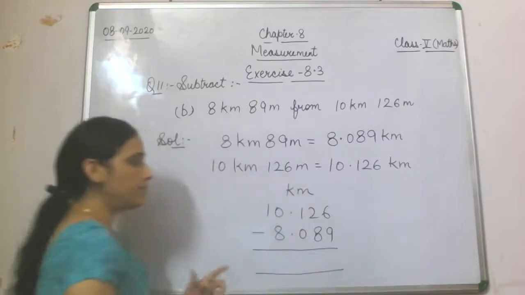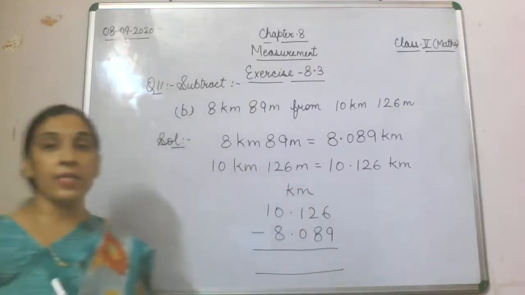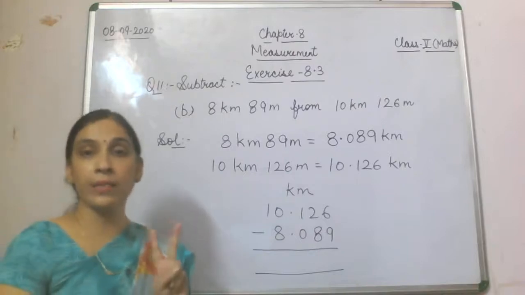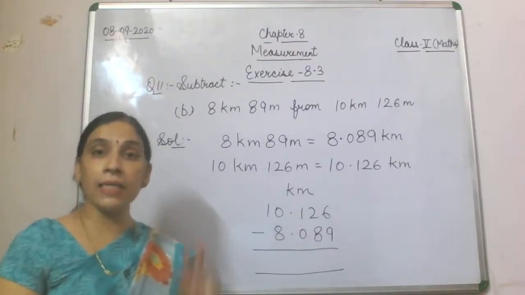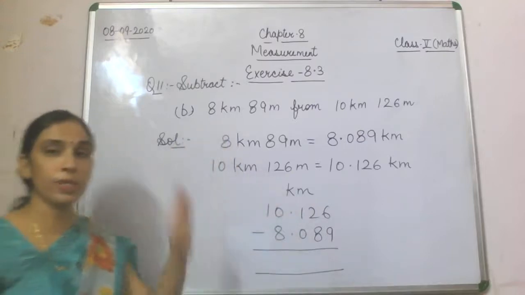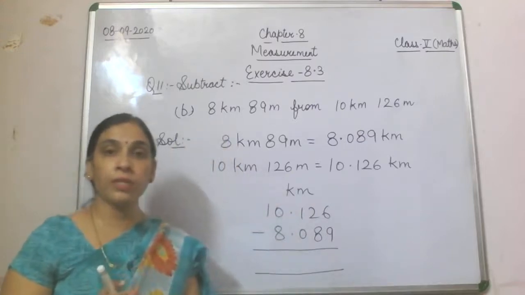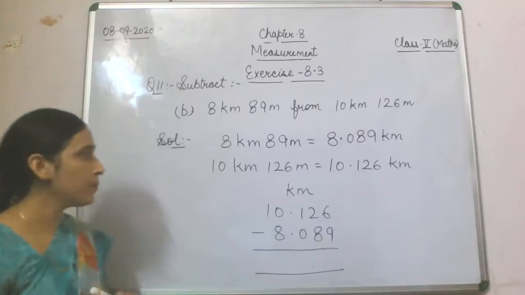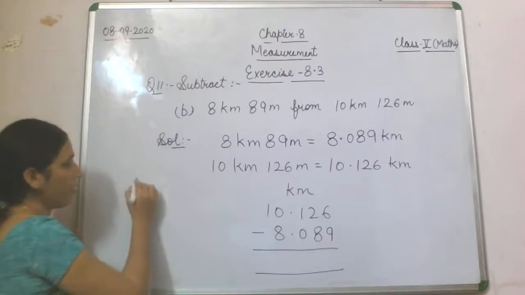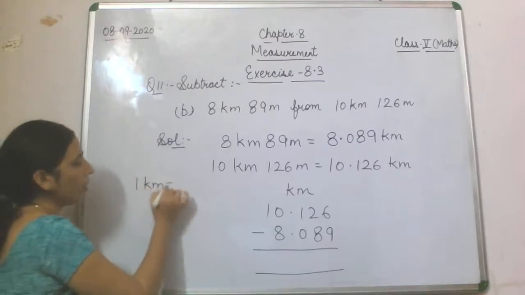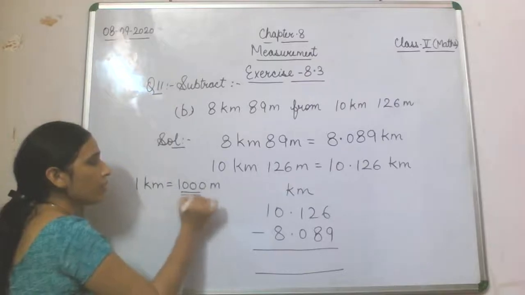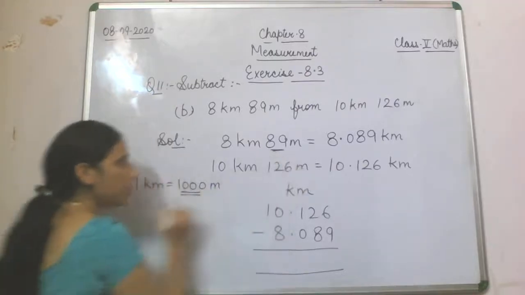Children, what we have done here: I have told you two basic steps. Whatever length is given, you are supposed to convert it into the bigger unit. Here the bigger unit is kilometer. In 1 kilometer we have 1000 meter, that you all are aware of, and 1000 means 3 decimal places.